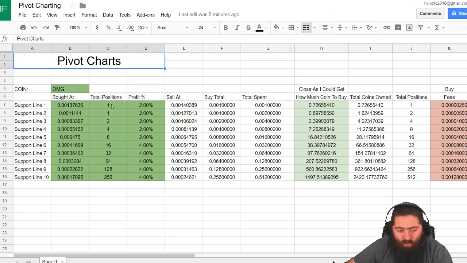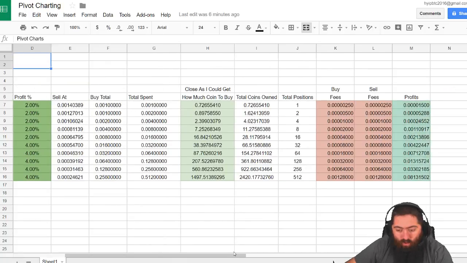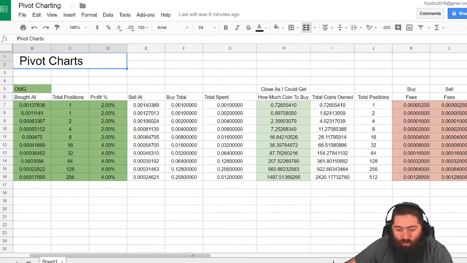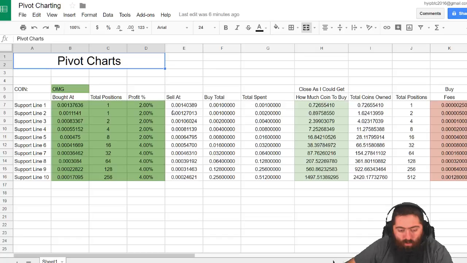Then I will go over here, and I will buy my one position when it hits my line. If it goes up to my sell point, I'm selling and I'm out. I profit a quick 1500 Satoshis and I'm good. If it goes down, good.